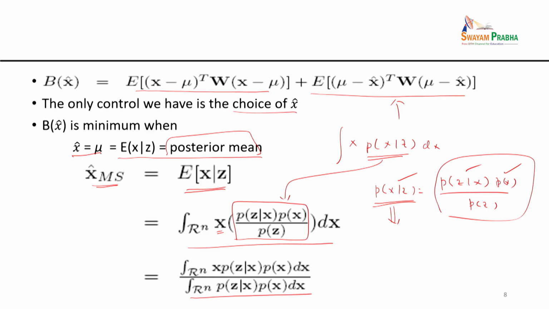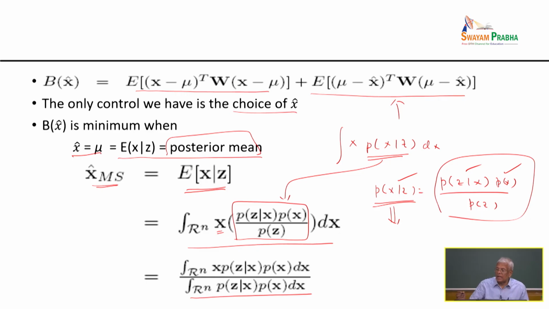B of x hat has two components as given in this slide, the top equation. We have only one control, x hat. So there are two terms. The first term doesn't depend on x hat. The second term depends on x hat. So the only way I can change anything is by manipulating the second term.